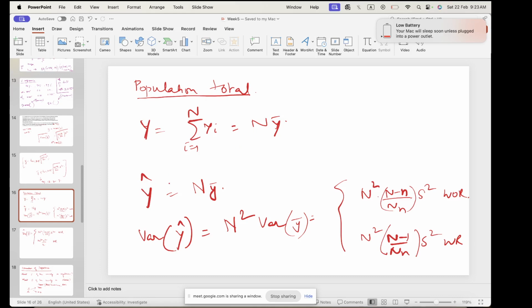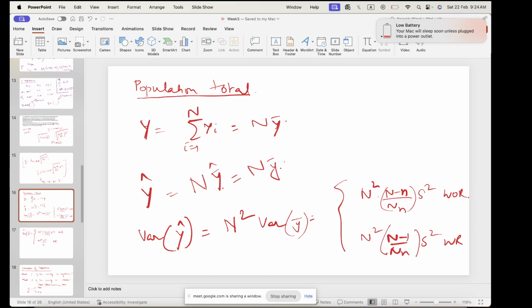So y hat would be capital N into y bar hat, and that is capital N into small y bar, because estimate of population mean is sample mean.